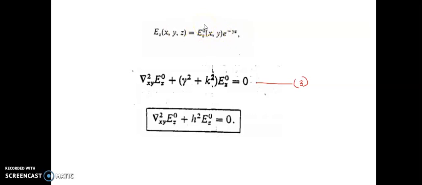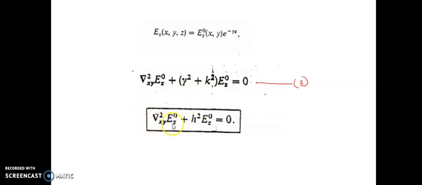From the previous section, equation number 3, the Helmholtz equation can be written as del square xy Ez0 plus gamma square plus k square times Ez0 equal to 0. Here we write it only for Ez0 because for the TM wave Hz0 equals 0. We call gamma square plus k square as h square.